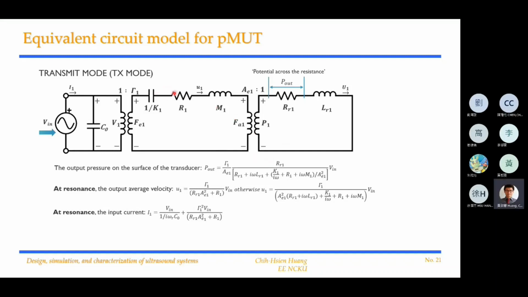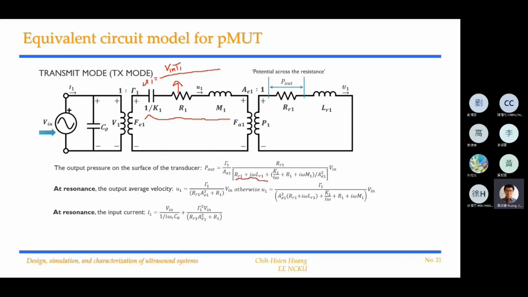Here we choose the first one. We want to find how much U1 is, so we already write here: it's gamma 1 divided by those impedances on this side, which is at 1.